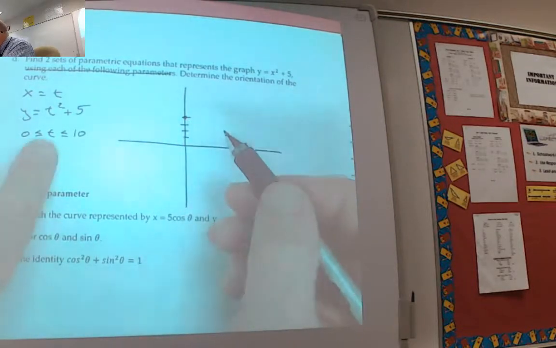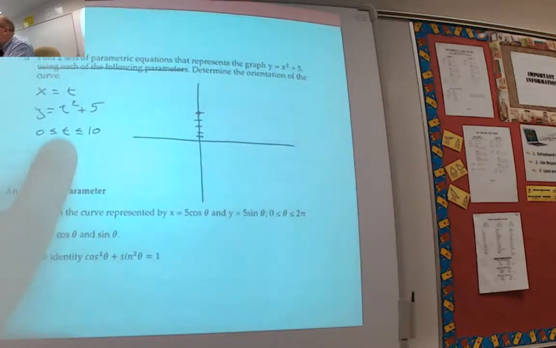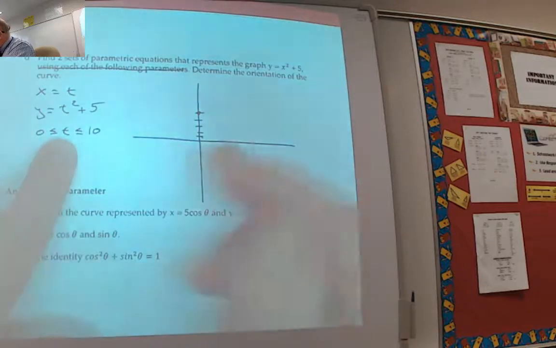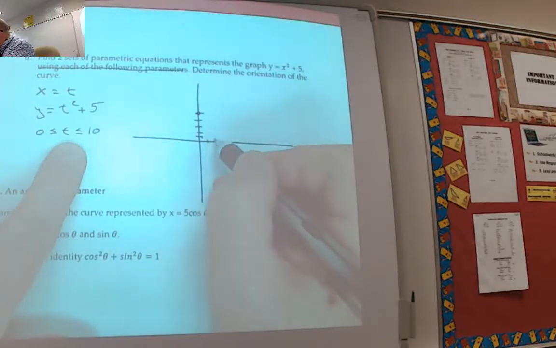Then I would probably jump to 2. That's 4, isn't it? You counted 4 lines. 4. A whole 5. Okay, and then you're going to see you're going to have 2, 9, correct?